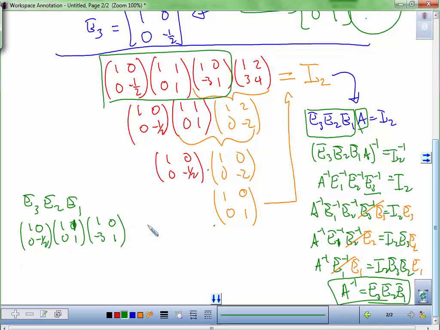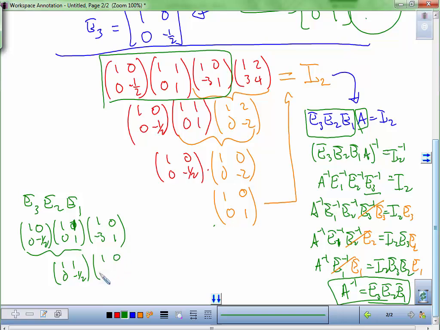And if we multiply this, we should get the inverse of A. It's associative, so we could take any two that we want. So I'll take the first two. First row, first column is 1. First row, second column is 1. Second row, first column is 0. Second row, second column is negative 1/2.